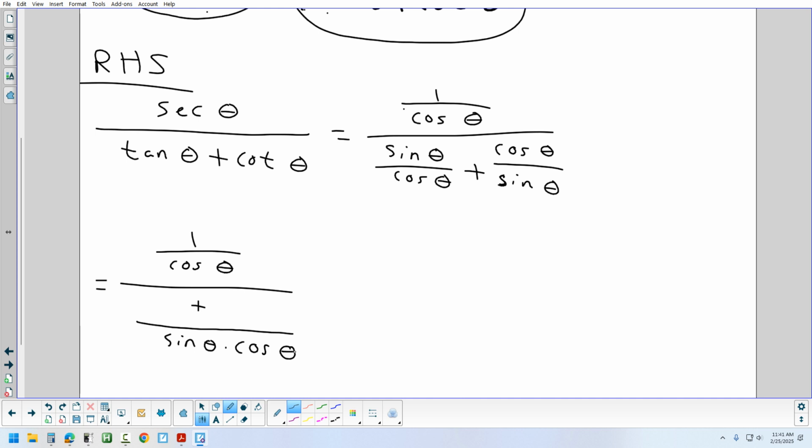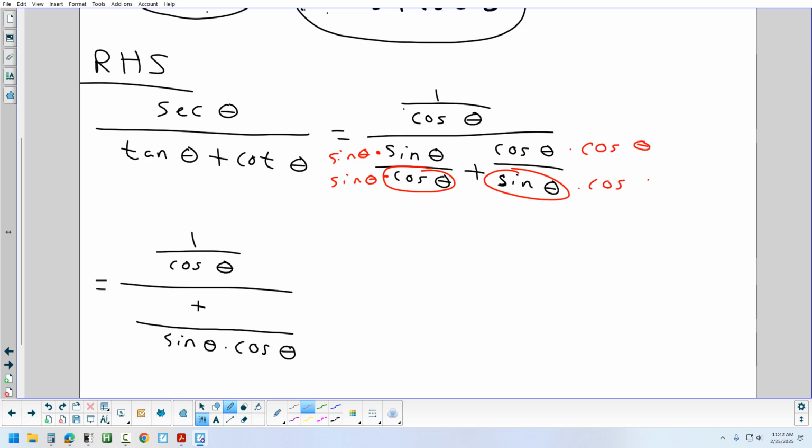And now let's start with the fraction on the left. What do we have to multiply this one by to make it have the common denominator of sine times cosine? The other denominator. Sine over sine. And what do we have to multiply the fraction on the right by? Cosine theta, the other denominator.